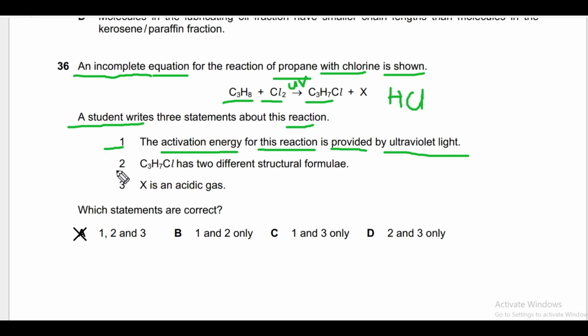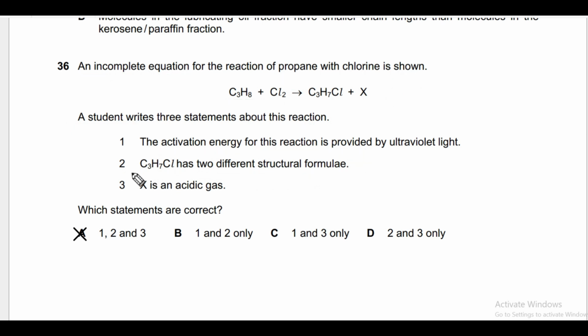And 2, C3H7Cl has 2 different structural formulas. Yes, this is chloropropane. One will be 1-chloropropane: propane with carbon 1 containing chlorine, and the others are hydrogen.